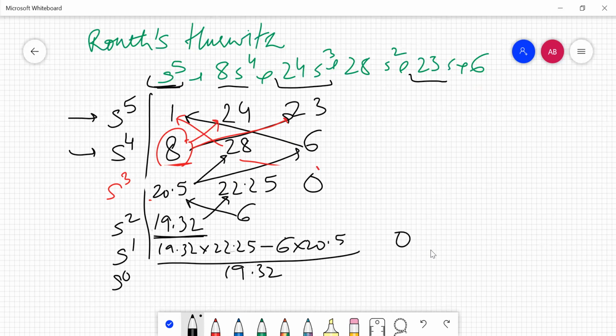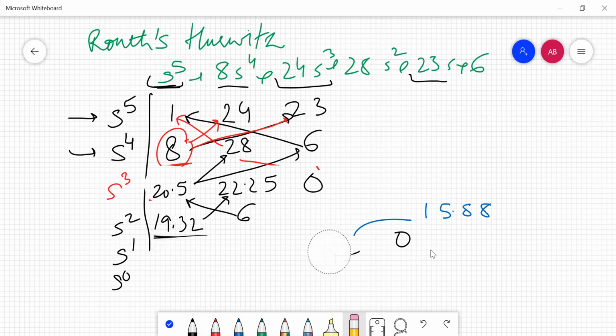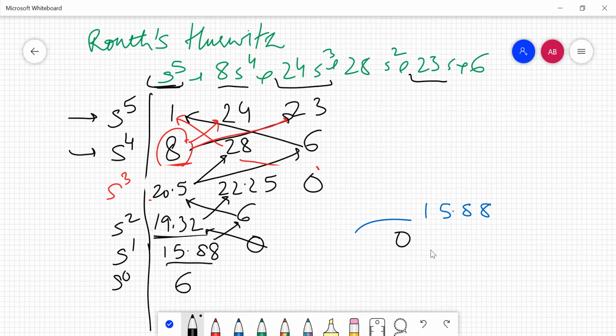After calculating this value, you are going to get 15.88 in your S raised to power 1's first column. So I am just going to rub this and replace it with 15.88. So S0 will be equal to this minus this. So here nothing is there, so it is equal to 0, divided by this will only give me 6.